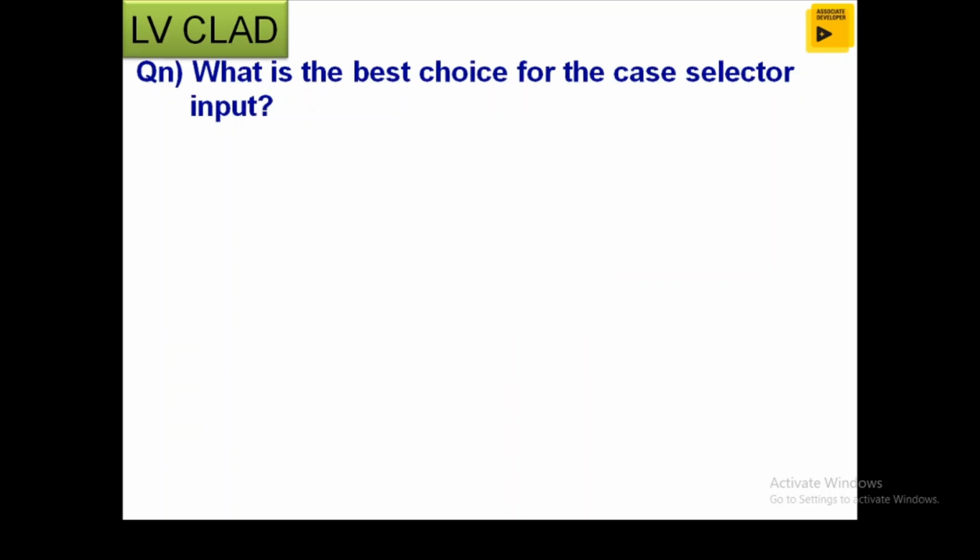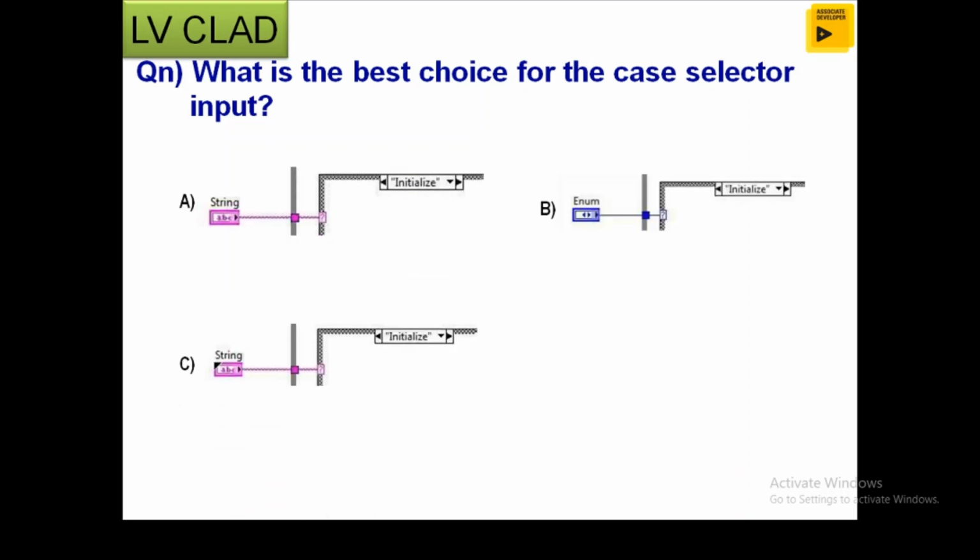What is the best choice for the case selector? Normally when you are using the case structure, what are the possible items? We have numeric, you can add it, boolean you can have as case selector, and string also we can have.